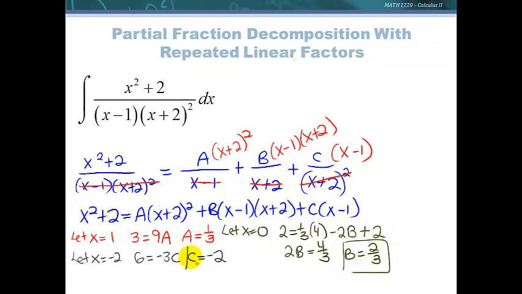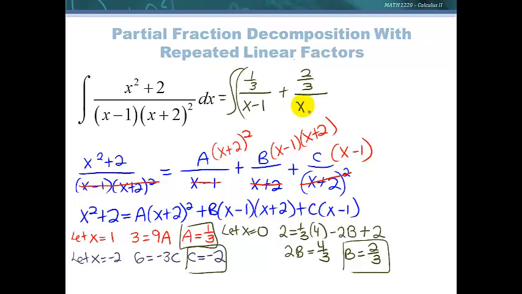So here's our b, here's our c, and here is our a. So this we can split up into 1/3 over x minus 1, and then b was 2/3, so plus 2/3 over x plus 2, and then c was negative 2, so minus 2 over x plus 2 squared dx.